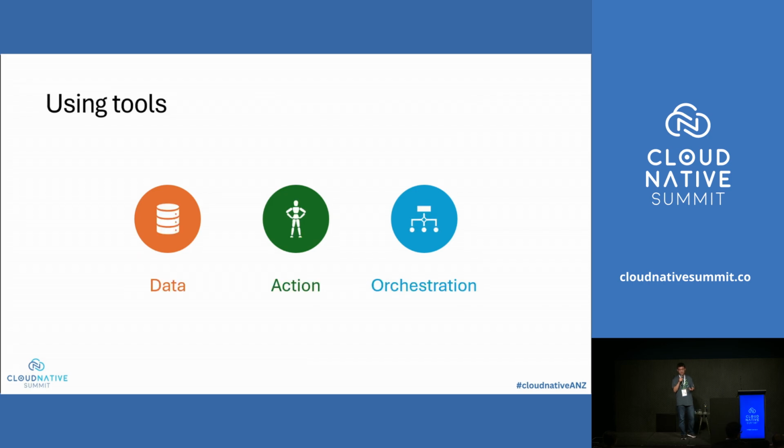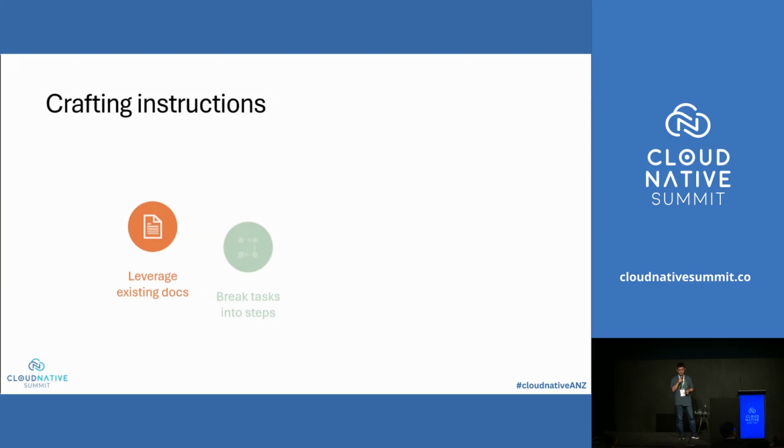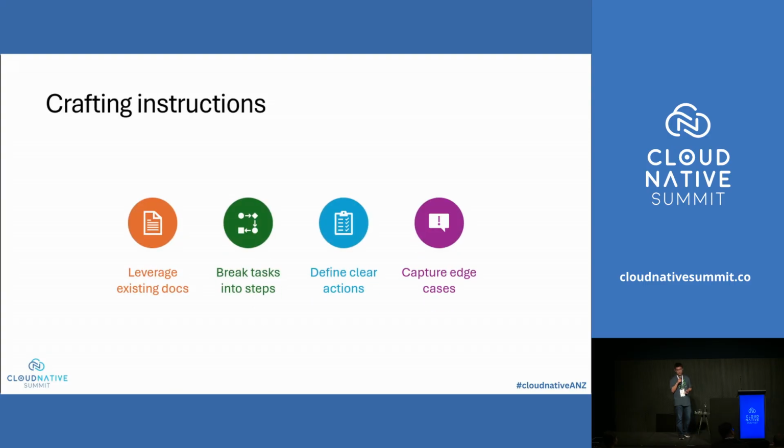Using tools is basically what we just introduced before. Your agent should be able to retrieve data from external databases or knowledge bases. It should perform actions using function calling, and orchestration means we have multiple agents, so you should be able to orchestrate multiple functions or agents. And then instructions. Instructions are where you provide the information about your business process and how the agent should perform.